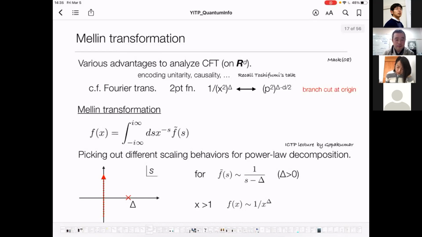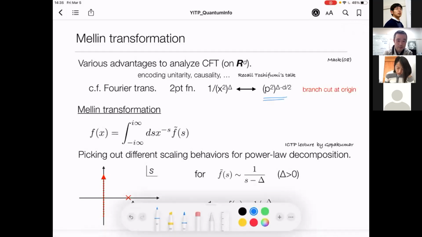On the other hand, the momentum representation is not a very good representation to address CFT. This can be seen by considering the 2-point function. The 2-point function in CFT is given by a power law, which can be Fourier transformed in this way. As you see, there is a branch cut at the origin, so it is problematic to impose those physical properties. The Mellin transformation gives a prescription which makes it easy to implement those properties.